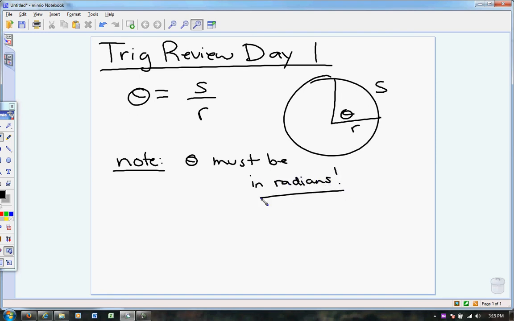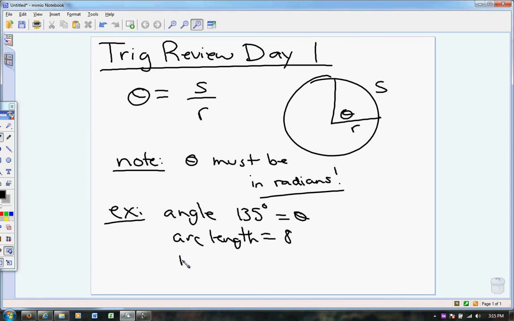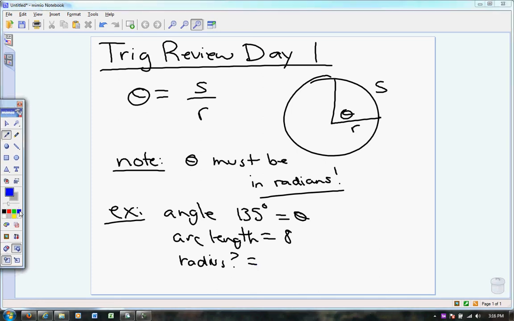It's very important. So what they're going to do, for example, is they'll say, all right, the angle is 135 degrees. That is theta. And the arc length is 8. What is the radius? The very first thing that you have to do is convert this angle, theta, to radians.